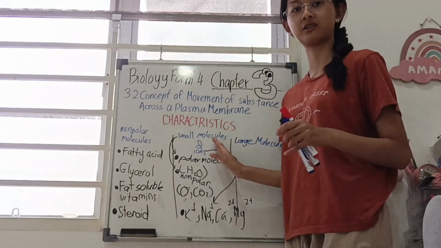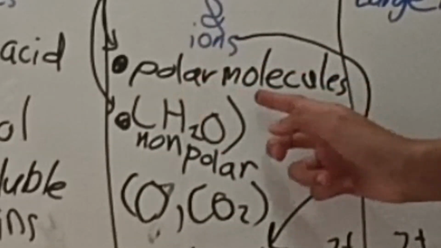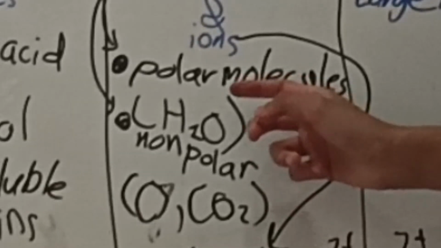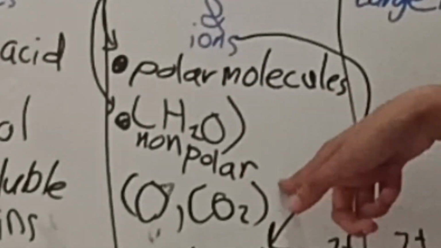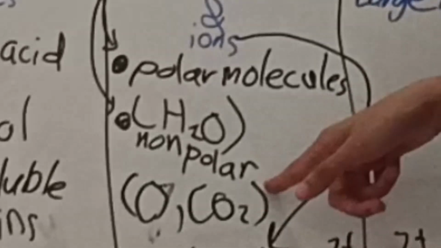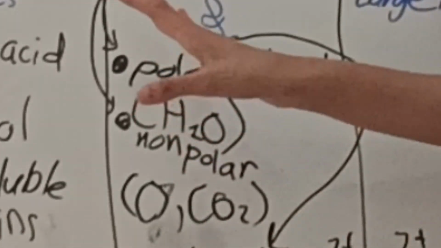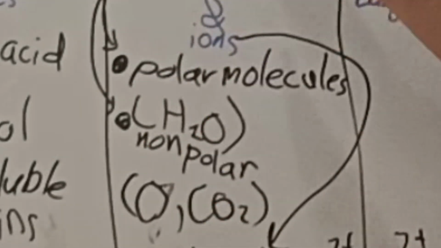So the second group is small molecules and ions. Small molecules are polar molecules and non-polar molecules. Examples of polar molecules are H2O, and non-polar are oxygen and carbon dioxide. This is the one I talked about in my last video that can just go through the phospholipid bilayer.